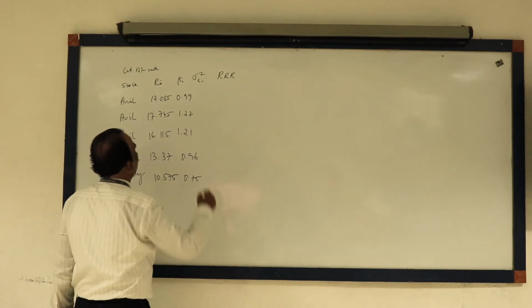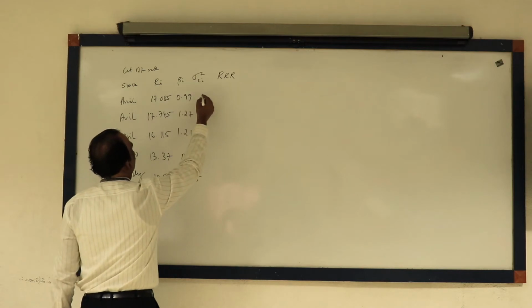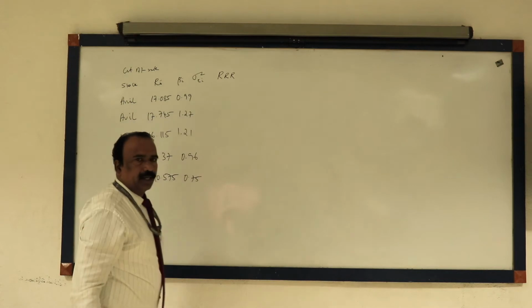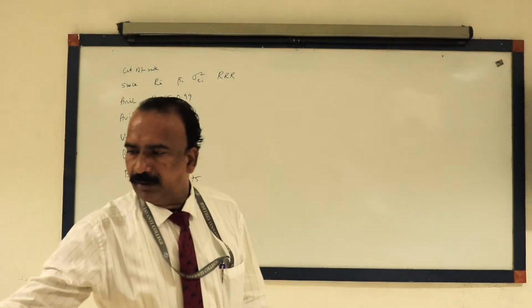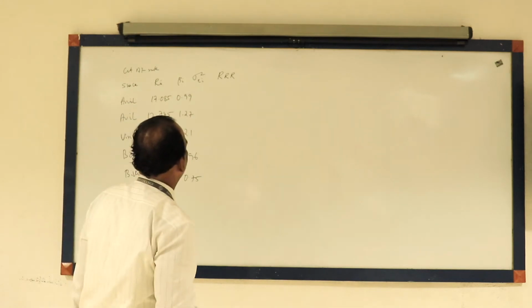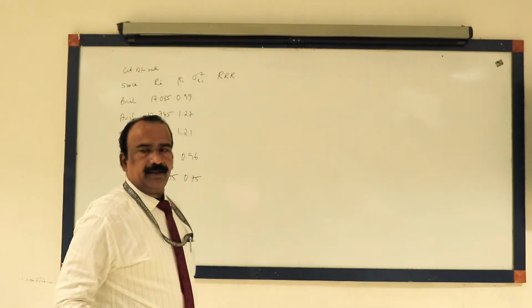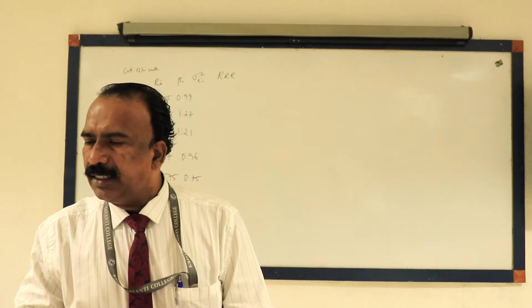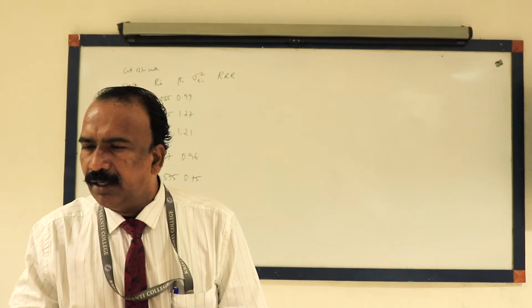Then the standard deviation, that is the unsystematic risk. Can anyone help me out? Unsystematic risk. It is there on the screen, I shared it. Kindly take it up.